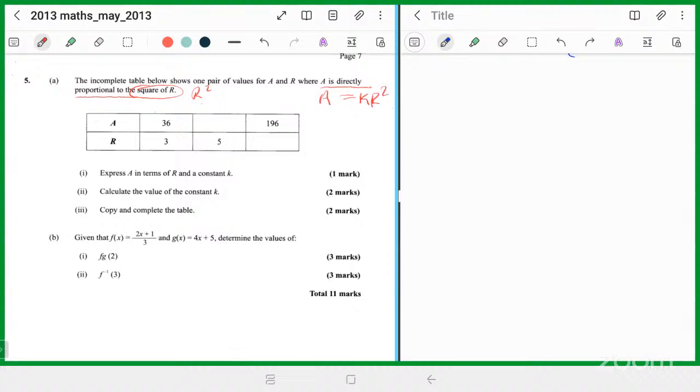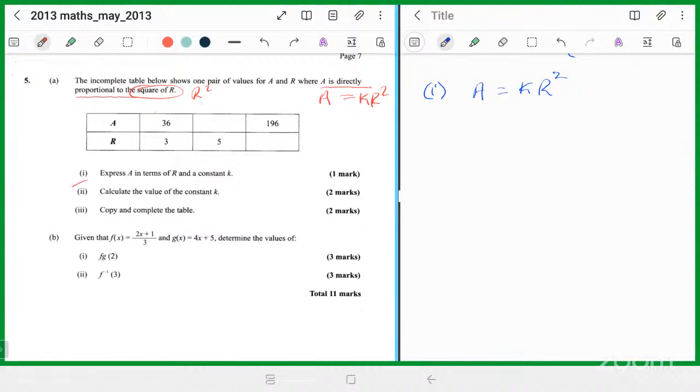This is the relation between the two. It says to express A in terms of R, and this is part 1: A equals k, where k is the constant, times R squared.